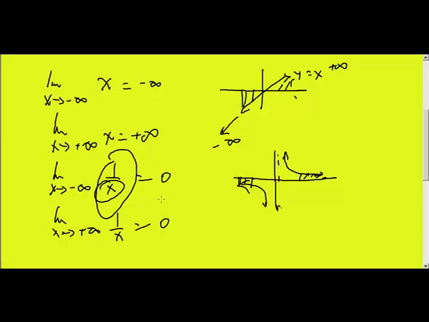And of course everything we've learned in the last section about sum, difference, product, quotient and root rules all apply. So on page 132, I want you to take a look at theorem 2.3.2 without me going over all of that.